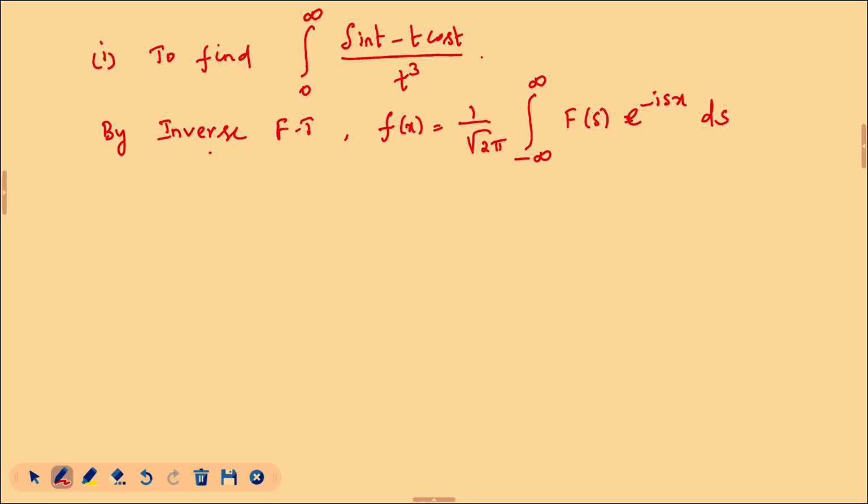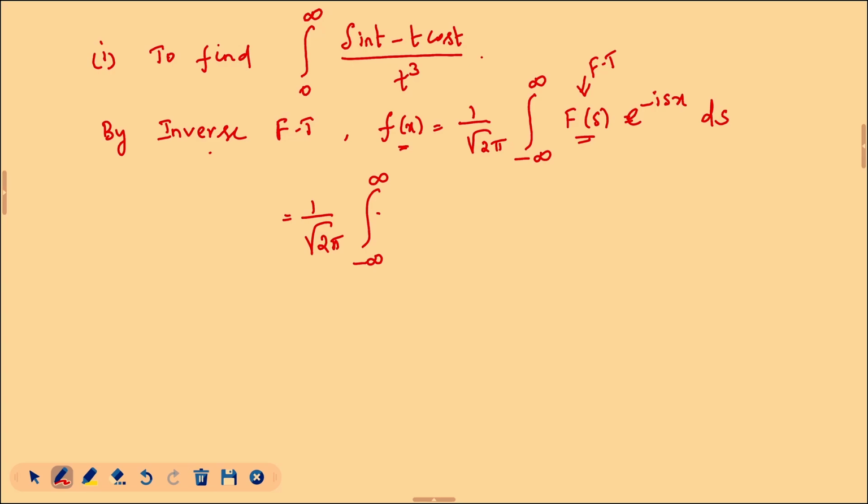F of s is nothing but the Fourier transform. Just now we got the value for the Fourier transform. Now we can replace the value of the Fourier transform. f of x is the given function.